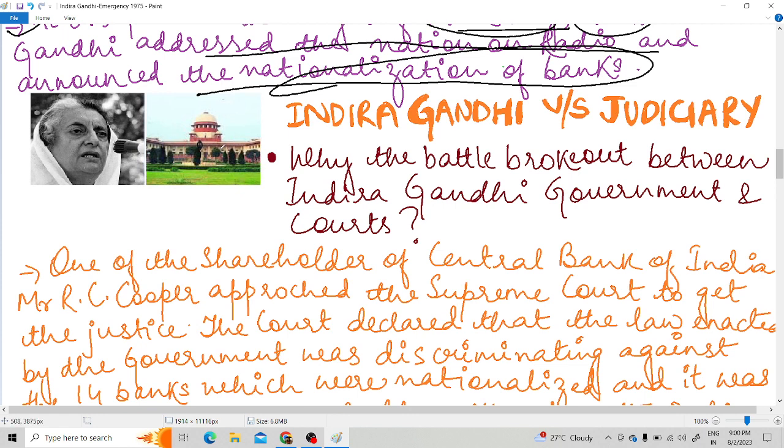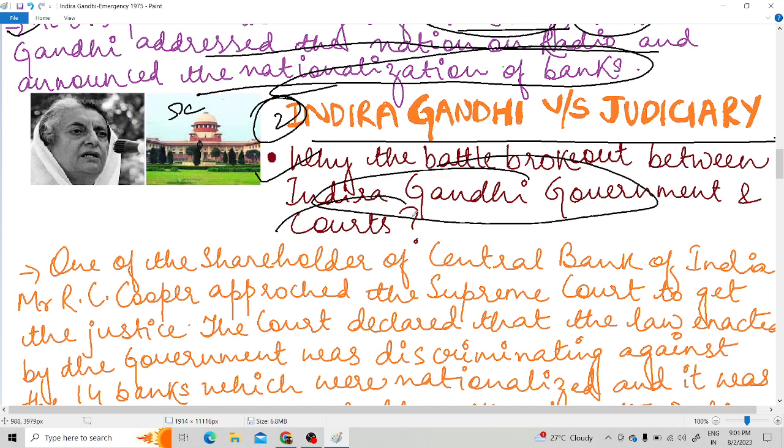Now we will see the second trigger, that is Indira Gandhi versus the judiciary, basically the Supreme Court. The question is, why did the battle break out between the Indira Gandhi government and the courts?